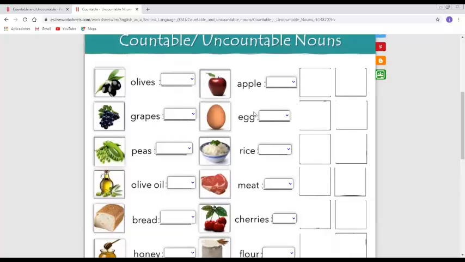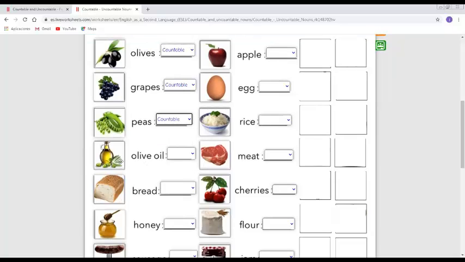Let's start with olives. What about olives? Countable or uncountable? Countable. Grapes. Countable. Grapes are countable. Olives are countable too. What about peas? Countable. Okay. Olive oil.